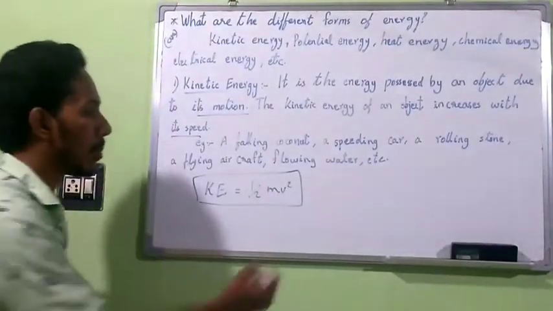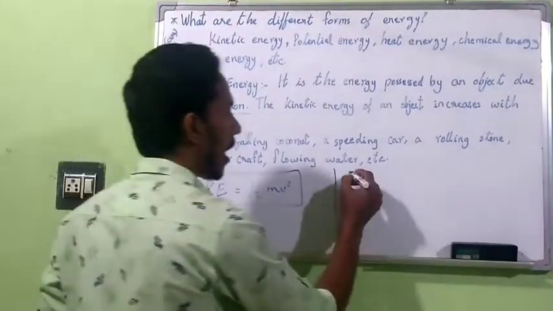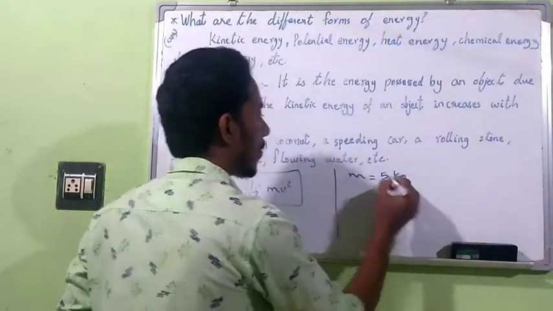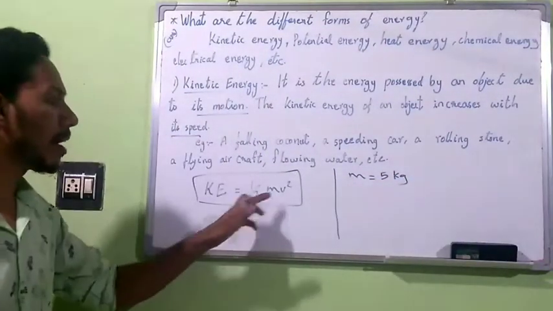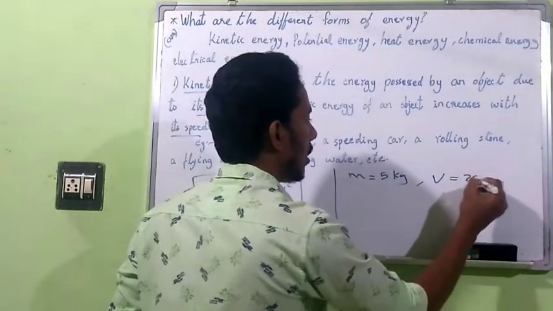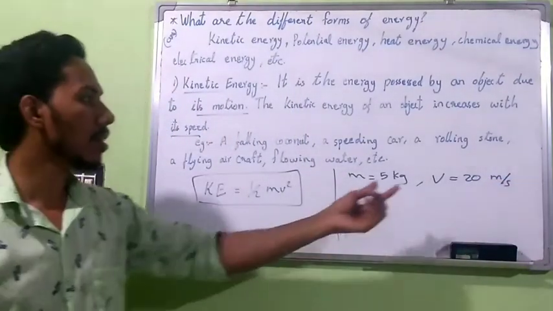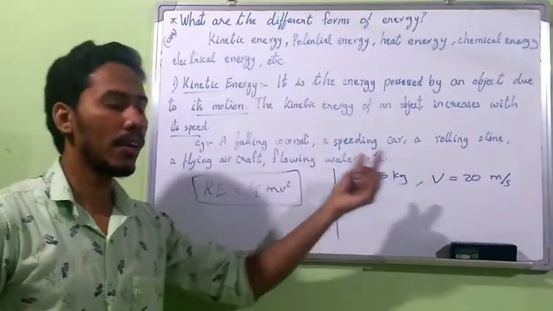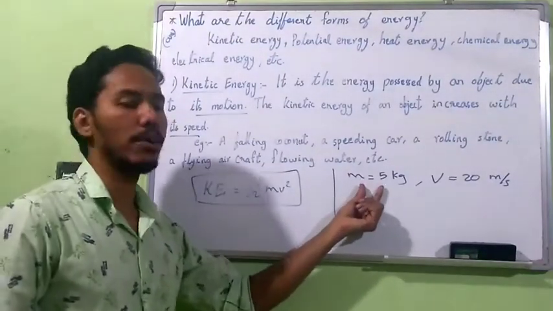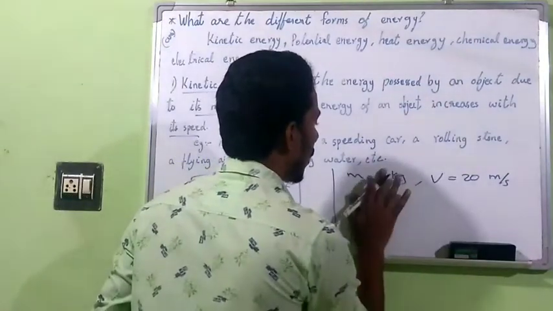So let us do a simple problem. Calculate the kinetic energy of an object having a mass of 5 kilogram, moving with a velocity of 20 meter per second. You can change this value into 500 kilogram.